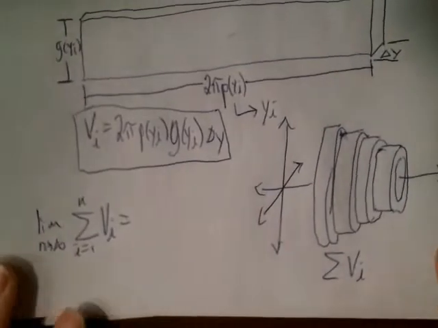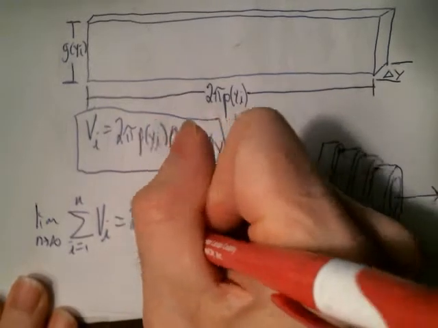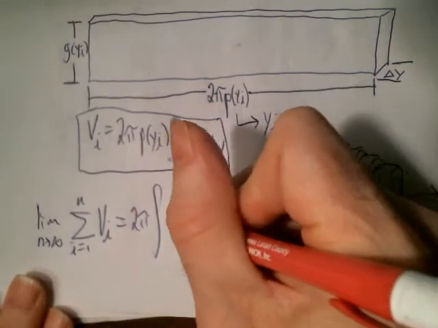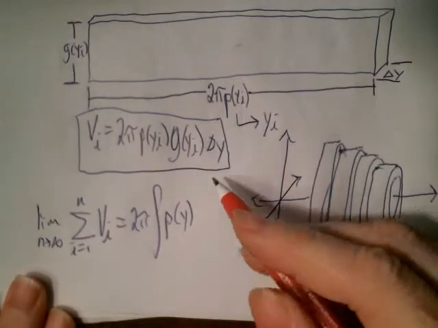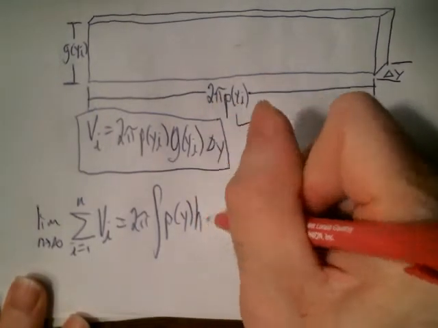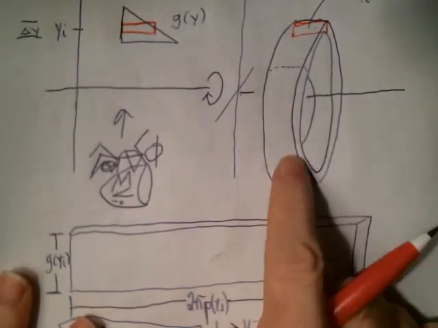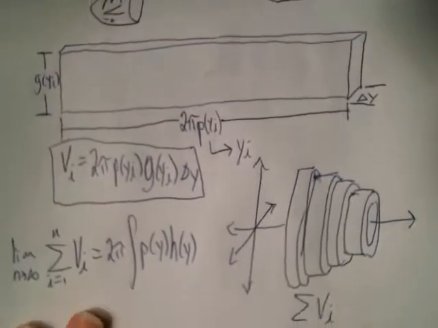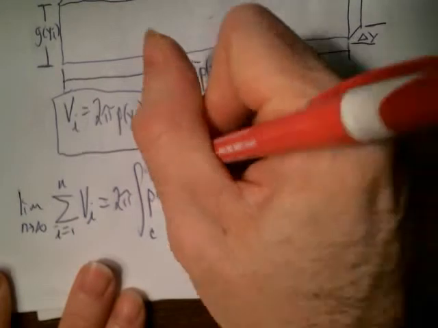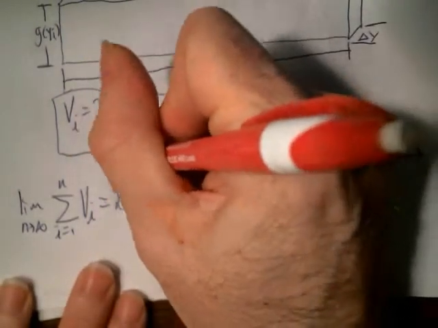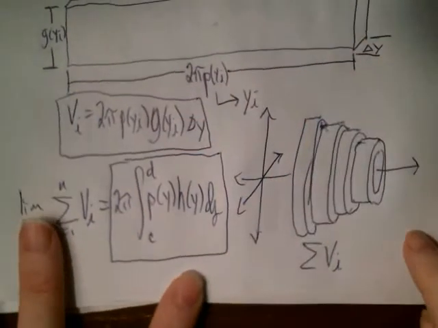And then we would get our integral for this scenario, which would be 2 pi integral p of y, h of y, because it's literally the height of these shells, and then dy, going from something like c to d. Okay. But at the end of the day, this is our new integral that we want to work with.